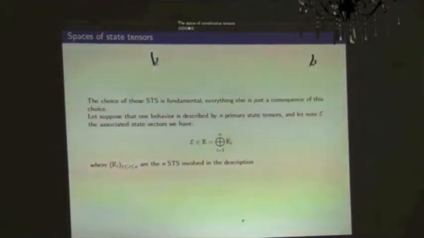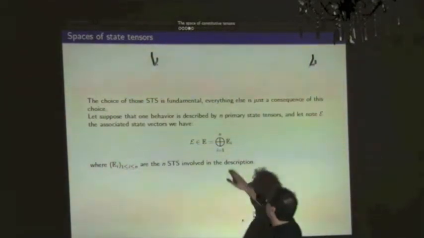Okay, you have the set of degrees of freedom you want. And from this set, you build a collection of state tensor spaces that measure how matter behaves locally.